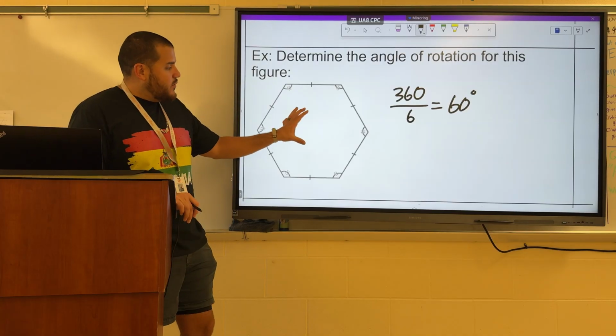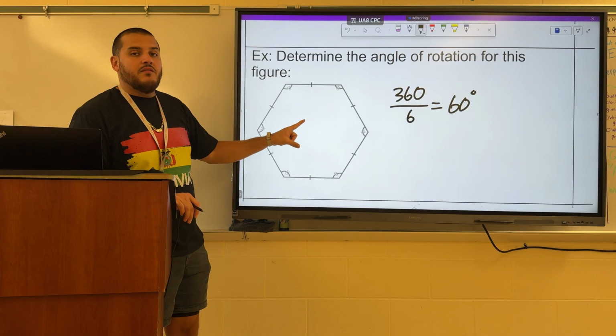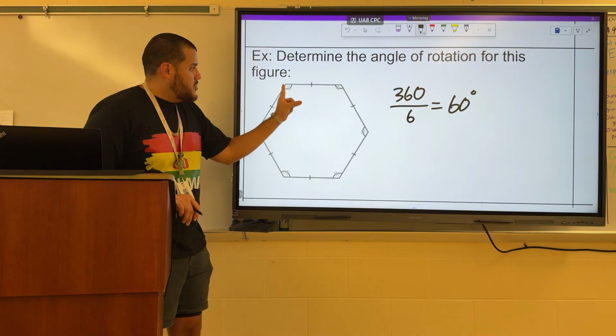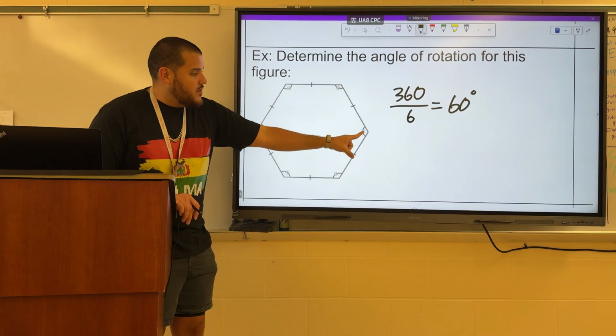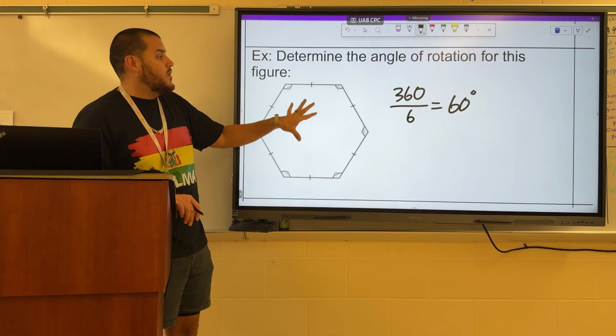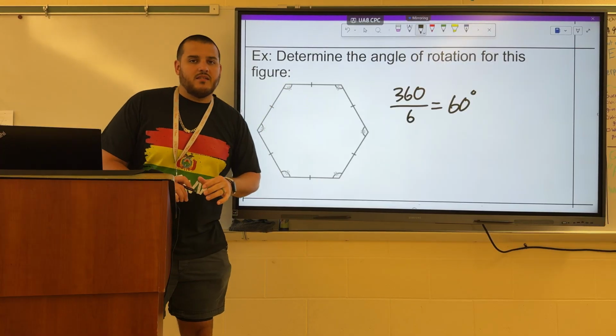So again, that means if I were to rotate this around the center of this figure, all these vertices would just move over one to the location of the next vertex, and it will look exactly the same as it is now.